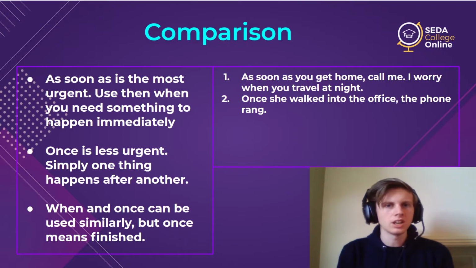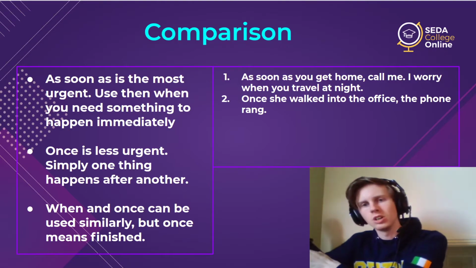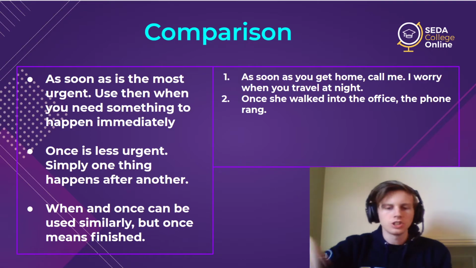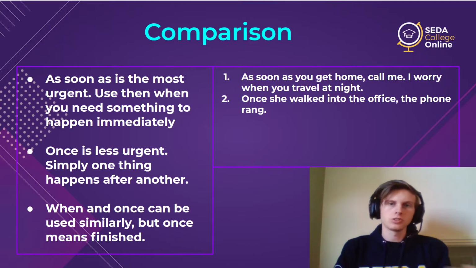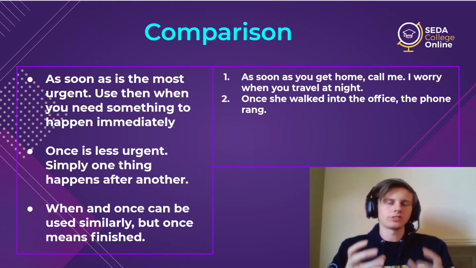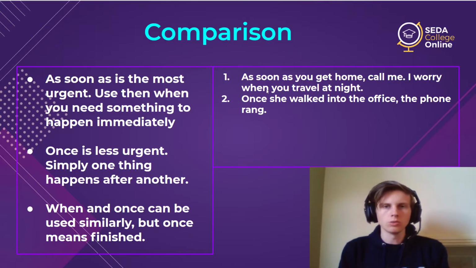Once she walked into the office could be 1 minute, 2 minutes, 3, 4, 5 minutes. Maybe she took her coat off, she hung her coat, she sat at her desk, she turned on her computer, and then a phone call. So once is less urgent, it allows more time. And of course, I can switch these. I can say, once you get home, call me.